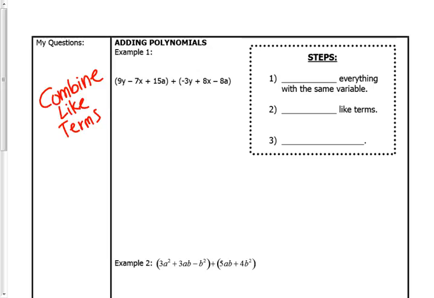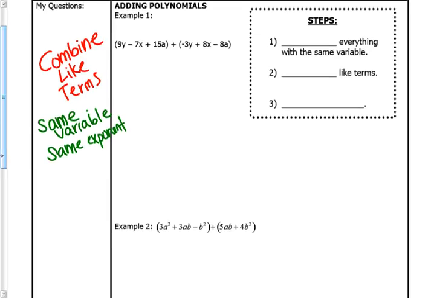And for us to combine like terms, we have to have the same variable and the same exponent. Okay, so if I had something like this, 2x and 2x squared, I actually cannot combine these because even though they have the same variable, they don't have the same exponent.